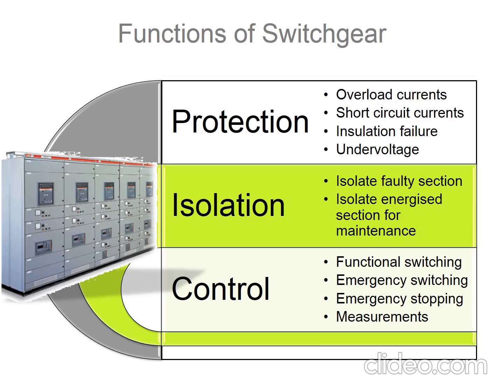To isolate the supply, we have to switch on or off at the switchgear. And lastly, for control, the function is functional switching, for emergency switching, for emergency stopping, and also for measurement.